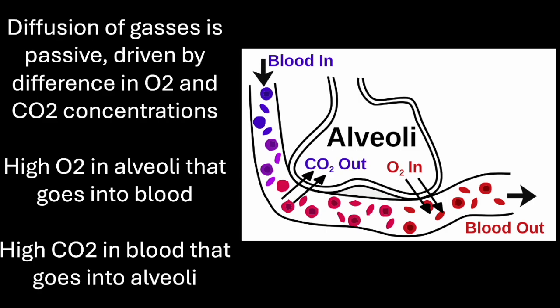And this diffusion of gases is passive, so it's just driven by this difference in concentration. This is a high oxygen area, this is a high CO2 area at one point. So that high oxygen level from the alveoli passes into the bloodstream, and the high amounts of carbon dioxide are passed into the alveoli and are then passed out of our bodies.